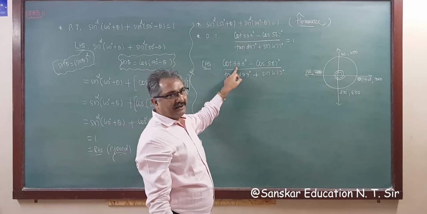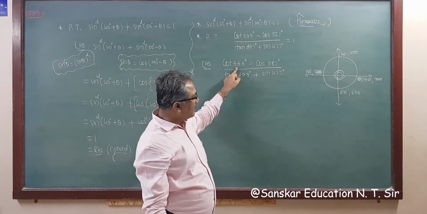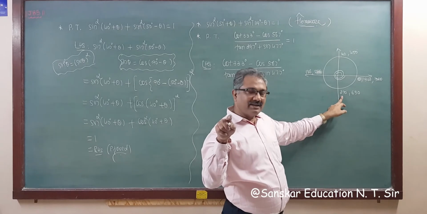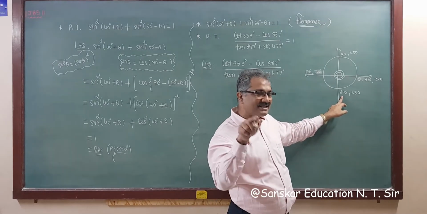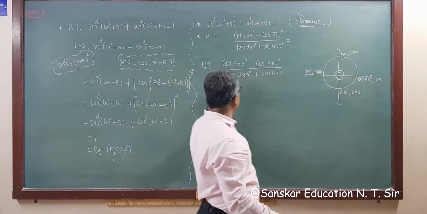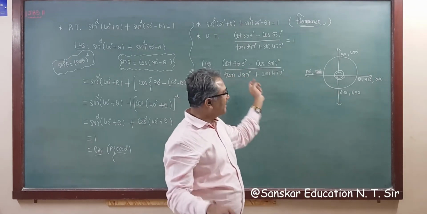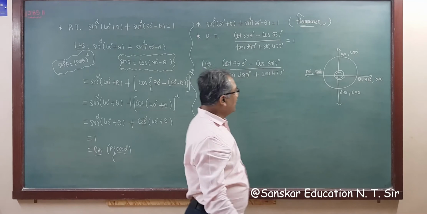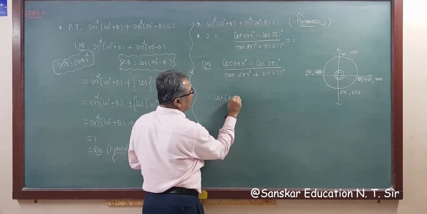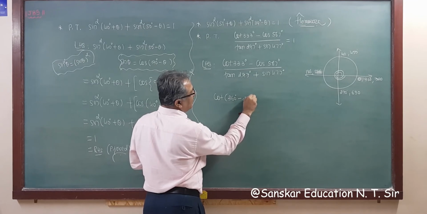Now 333 is very near to 270 plus 63, and 360 minus 27. 333 plus 27 is 360. So can we write here like this, cot 360 minus 27 degree.